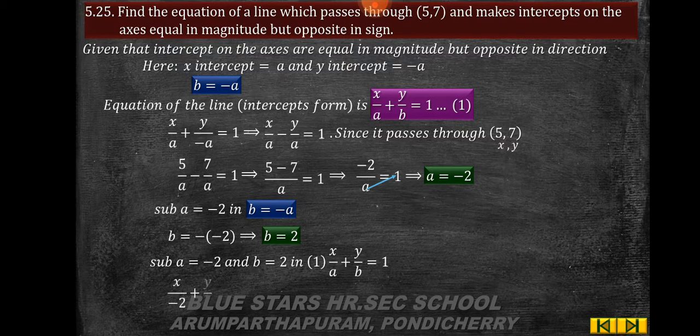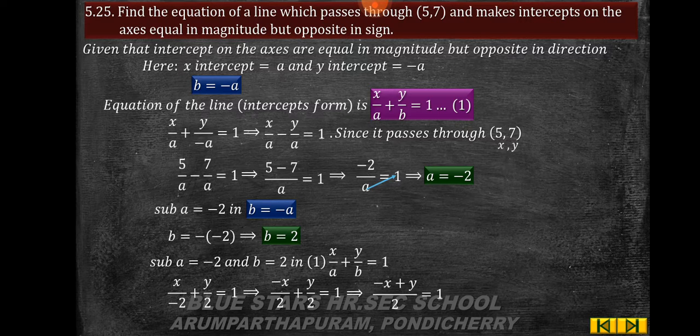You get the intercept form of the equation, which is nothing but x by the value of a, minus 2, plus y by the value of b, 2, is equal to 1, which implies minus x by 2 plus y by 2. We are taking the negative sign to the numerator. So minus x by 2 plus y by 2 is equal to 1, which implies (minus x plus y) by 2 is equal to 1.